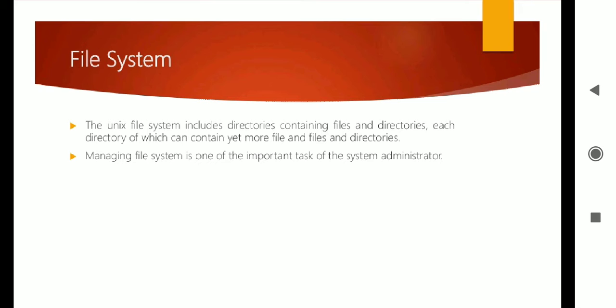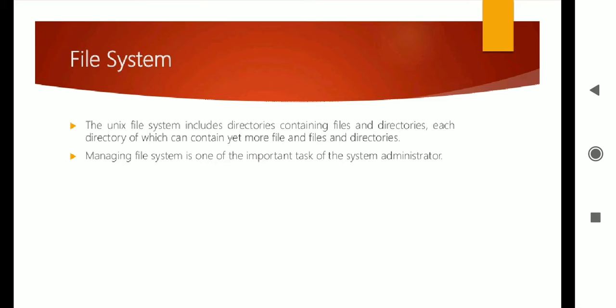The Unix file system includes directories containing files and directories or subdirectories, each directory of which can contain yet more files and directories. You can say folders, because you are all familiar with Windows, where you call directories folders and subfolders.